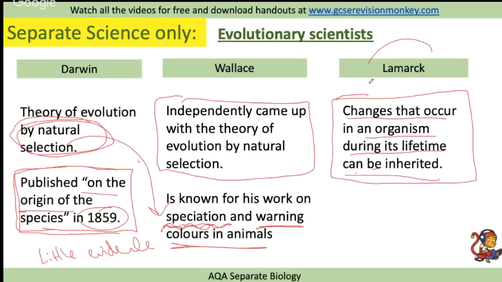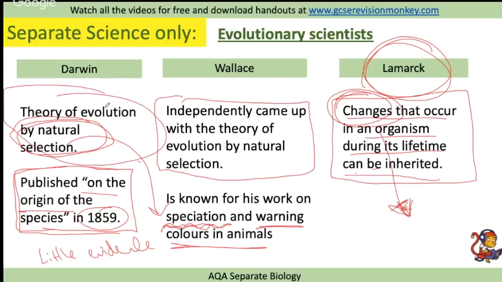Now, Lamarck says that because I do that every day and I'm changing my muscles, I will pass that on to my children. Okay, we now know that that's not how it happens, and that Darwin's theory of evolution by natural selection has far more evidence behind it. But Lamarck thought that if you change during your lifetime, you would then pass that down.